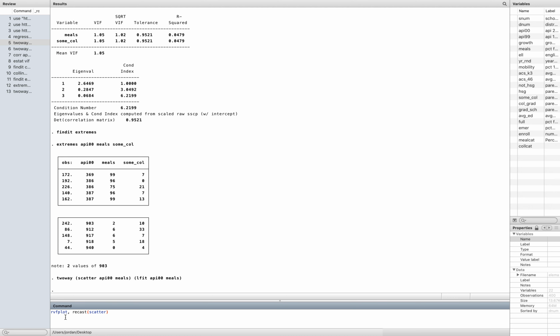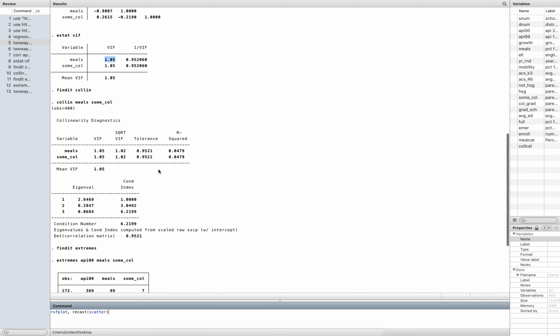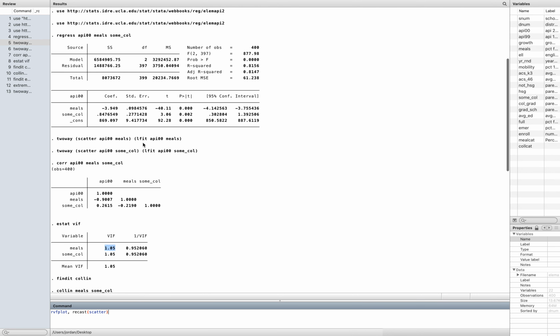it's an RVF plot. This is the residual versus fitted. That's the RVF. Residual versus fitted plot. You can only do this after you run the regression. All of these are tied back into the regression model that you ran earlier.